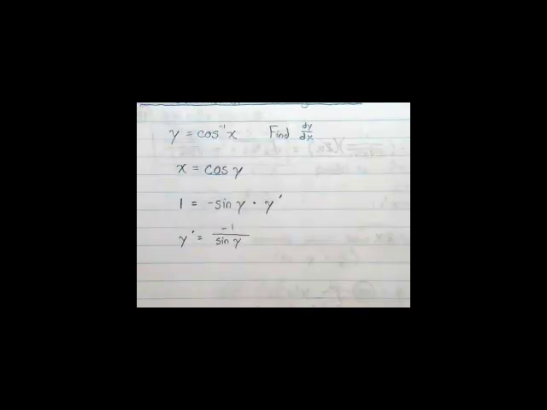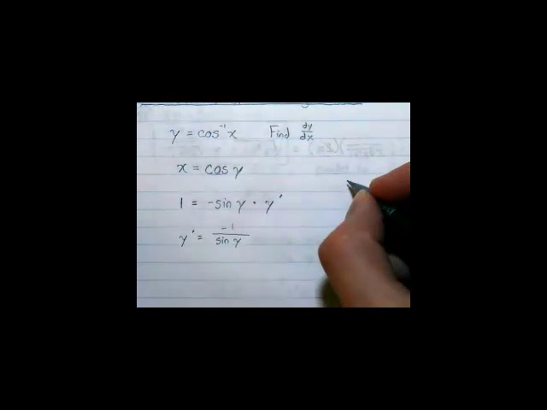Well, we have an identity that involves sine and cosine, and so we're going to pull this back out for a moment.